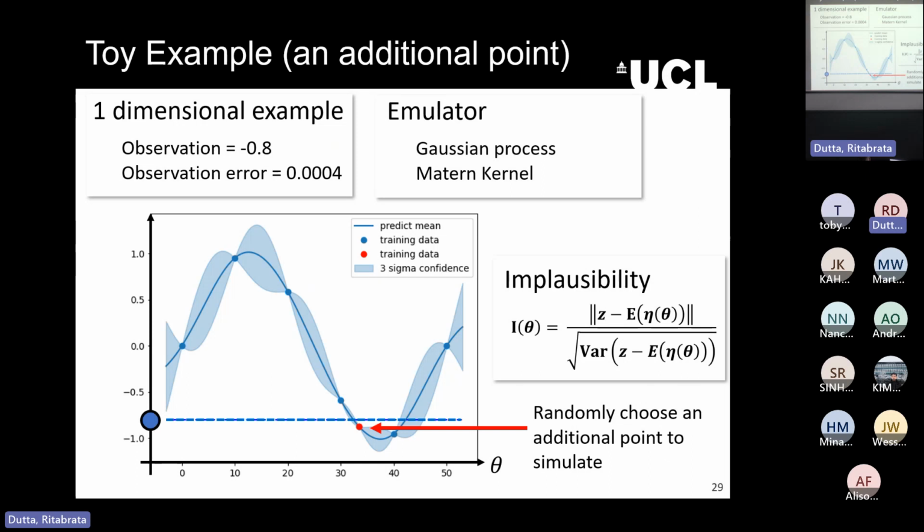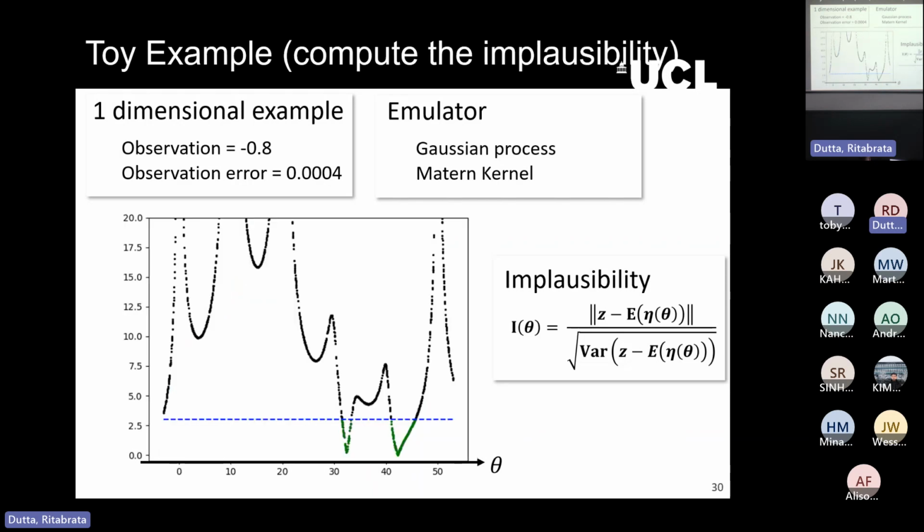Yeah, in this case, I optimize the hyperparameters using the input, in this case 7 or 6 input parameters. Also, the kernel itself can affect the emulator. For example, I use the Matern 3/2 kernel, but if you use, for example, the squared exponential, the emulation output would change. As a result, the implausibility value also changes.